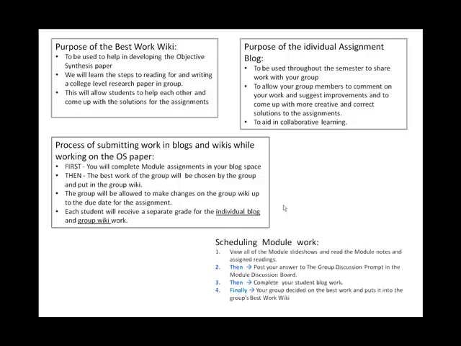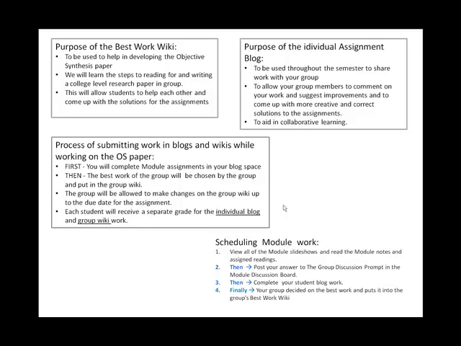In general, the schedule for your module work is as follows. First, you want to view the module slideshows and read the module notes and any other assigned readings that are in the notes. Then once you've done that, you need to answer the grouped discussion prompt and post that into the module discussion board. You want to also reply to one other student in your group and reply to their prompt in order to get all the credit for that particular step of the module.